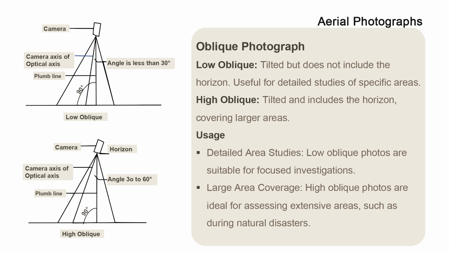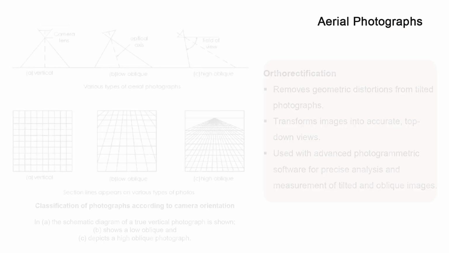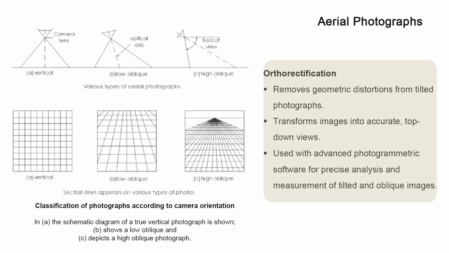And one more thing that we have to remember here is, if these images are used for such precise analysis, a process called orthorectification is applied. This technique removes geometric distortion from tilted photographs, transforming them into accurate top-down views.